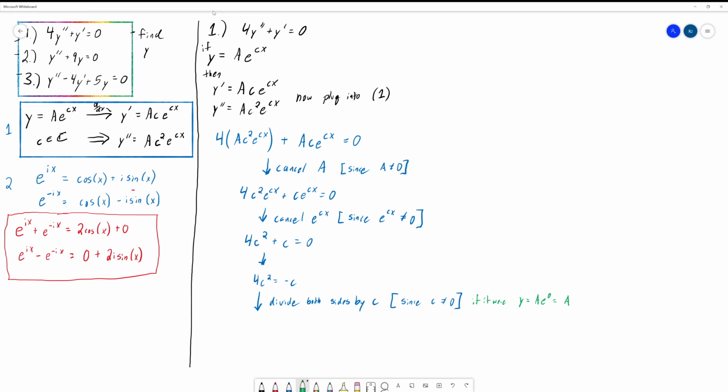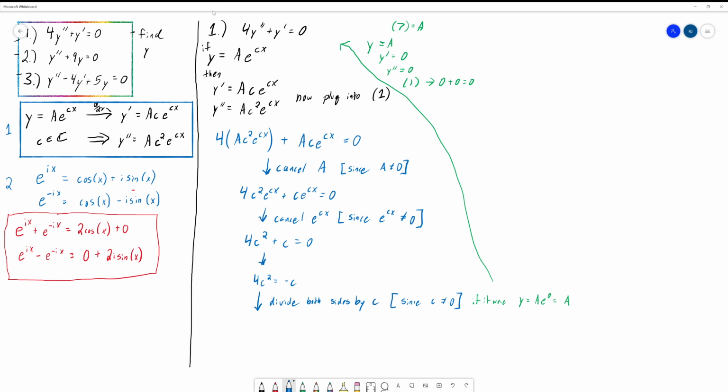And again, this technically is allowed if you want to consider constant solutions, because then up here, if you have y equals a, which is just some number, say like 7, then y prime equals 0, and y double prime equals 0, then your equation 1 becomes 0 plus 0 equals 0, which is true, but not helpful, so you don't want to consider these solutions.